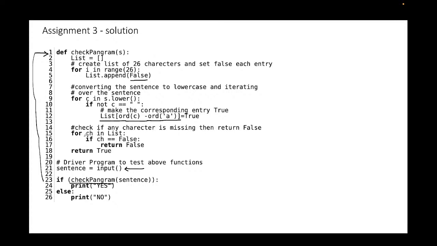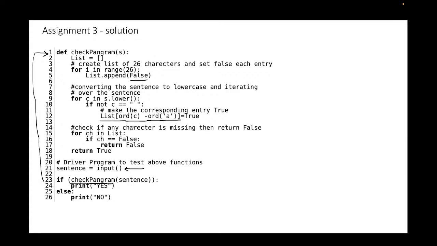For ch, a character in the list, if anything remains false, if it is not updated to true, then we return false. Otherwise, if nothing remains false and all of them are true, we return true. True means we have encountered that alphabet, that's all.